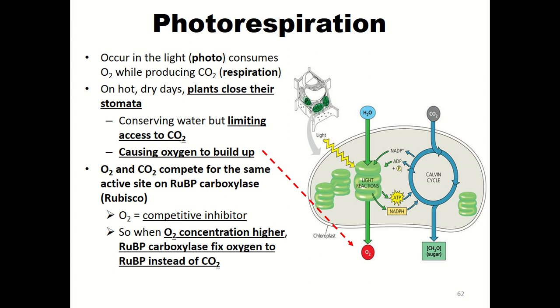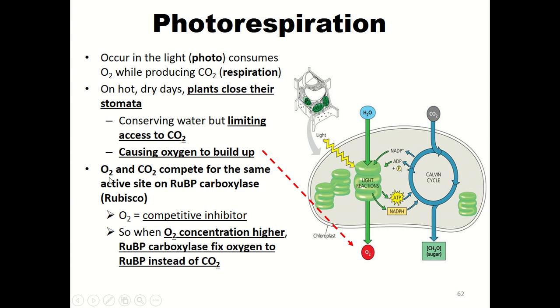However, when they close their stomata, they cannot take up carbon dioxide from the surroundings. Thus, it will cause oxygen to build up in the stroma as the product of the light reaction.